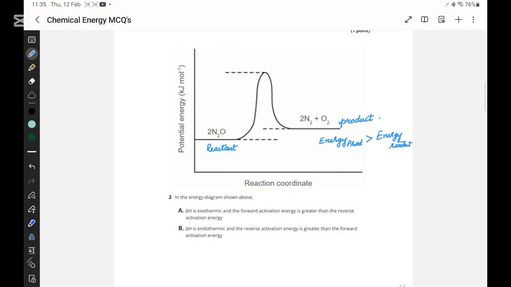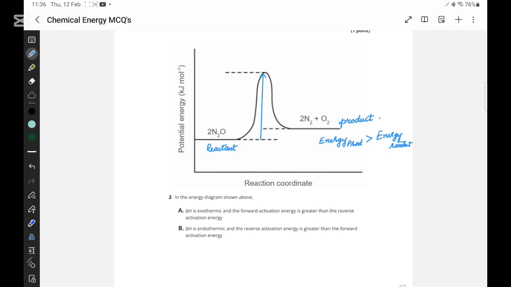Then we can see the forward activation energy. So the forward activation energy is this much. This is the forward activation energy of the reaction.